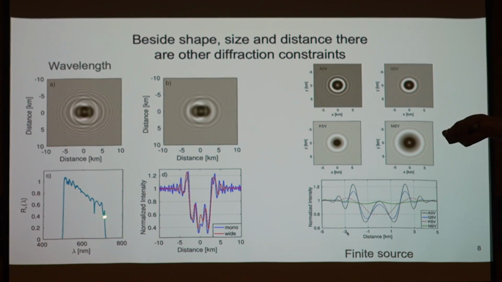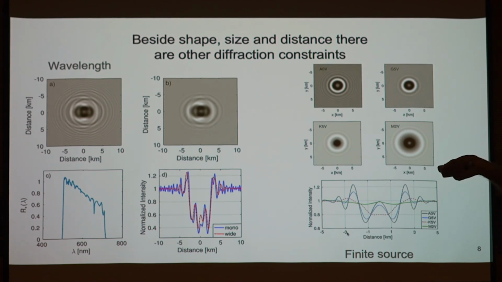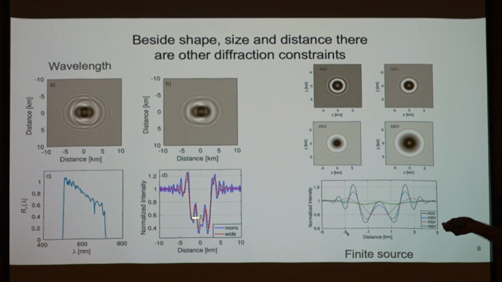And we have to take into account the radiation profile of the star, and the filter and the camera, and the combination of all these three to have this band. But we can see that the effect is not so strong. But if you go to the finite size source, things become very complex.